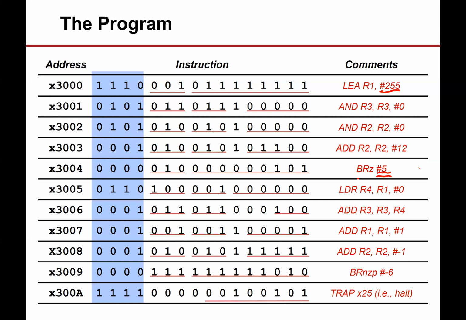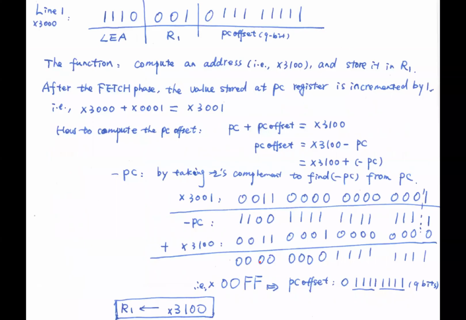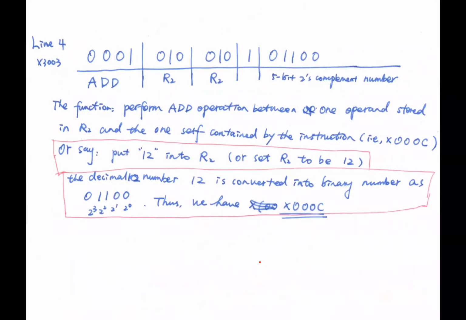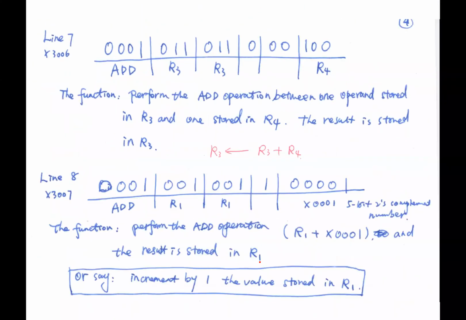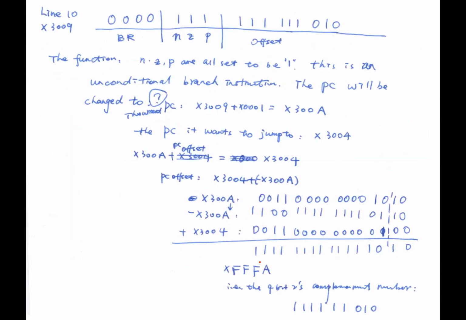This is why it's minus 6. It's because its current PC is actually 300A after executing this one, and then you go back to here. Okay, I have written down everything here, so you can go through this after class.